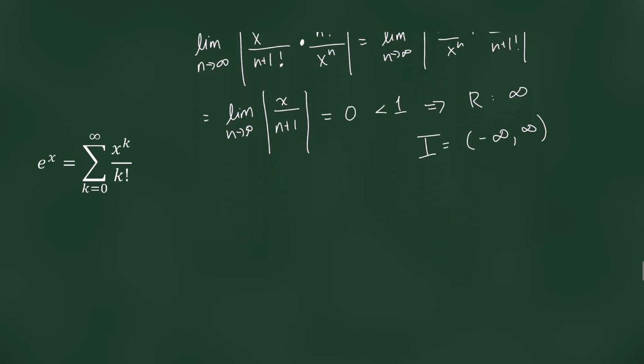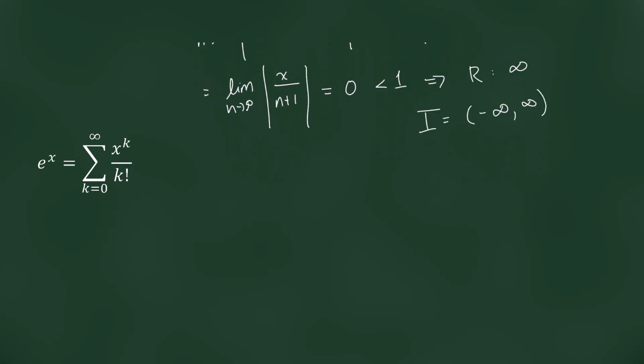So we need to look at the error, so we need to look at r sub n of x, which we know is equal to the n plus first derivative at some value c over n plus 1 factorial times x to the n plus 1, where c is between our center, which is 0, and x.